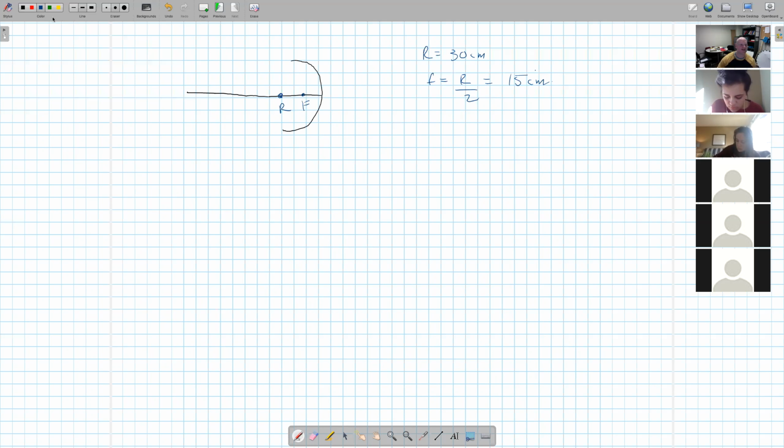We're also told that the diamond ring is placed 20 centimeters in front of the mirror. So if this is 30 and this is 15, then it's placed somewhere about here. So this is my diamond ring, and its height H is equal to 1.5 centimeters. This is our object height.